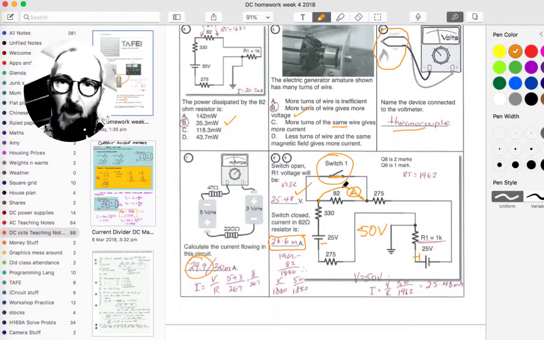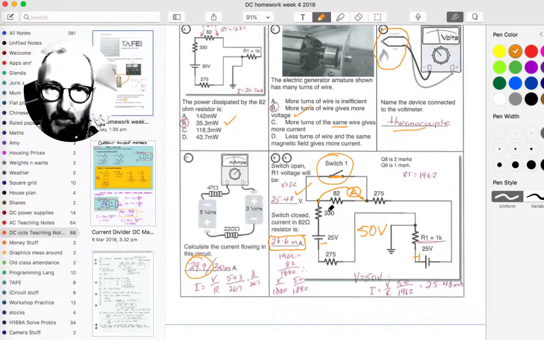All right. Now, this is how I'm looking at this. Calculate the current flowing in the 82 ohm resistor. So if we've got a short circuit across that, he's looked at the current flowing in the short circuit, which is the same as putting a current meter here, or the same as putting a current meter here.